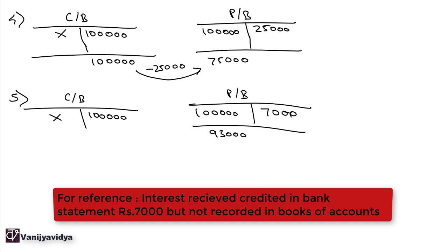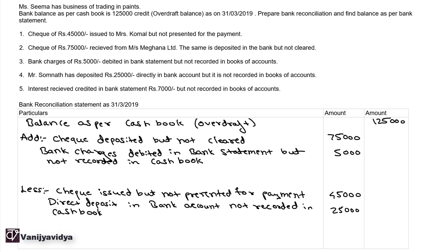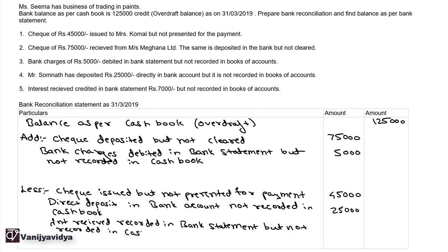Now in the cash book there is no entry. So balance as per cash book is 1 lakh. We are moving from cash book to passbook, so we have to reduce 7,000 in our bank reconciliation statement. Let's do this. Interest received recorded in bank statement but not recorded in cash book, 7,000.